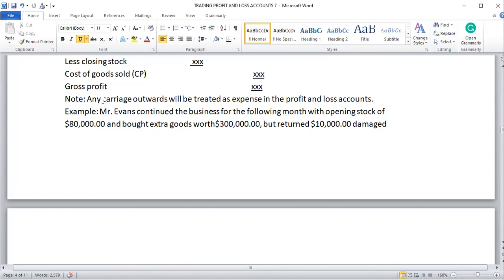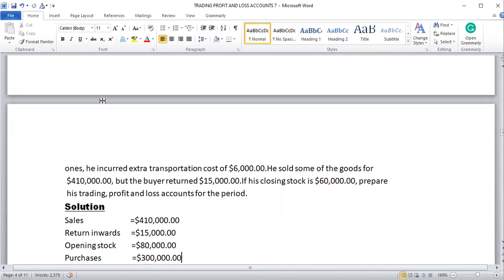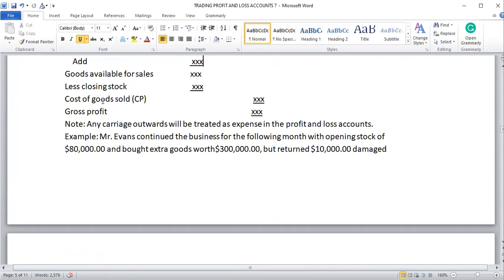But when the owner pays for that particular transportation, then it becomes an expense to you. So when we get our gross profit, we will have to add all the expenses, including the carriage outwards, and deduct them from the gross profit in order to arrive at our net income.